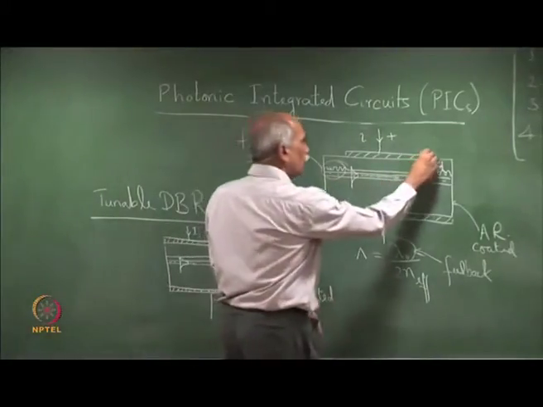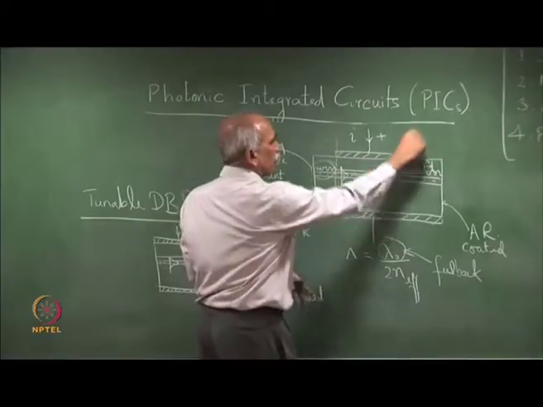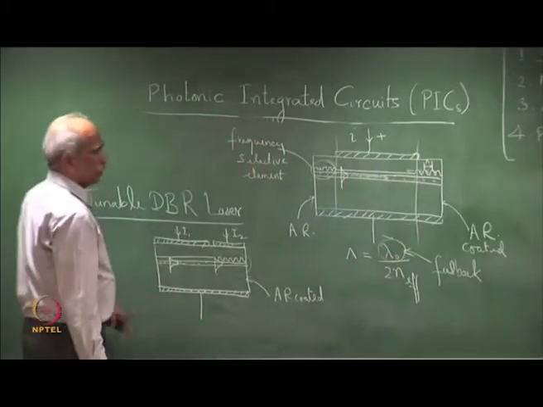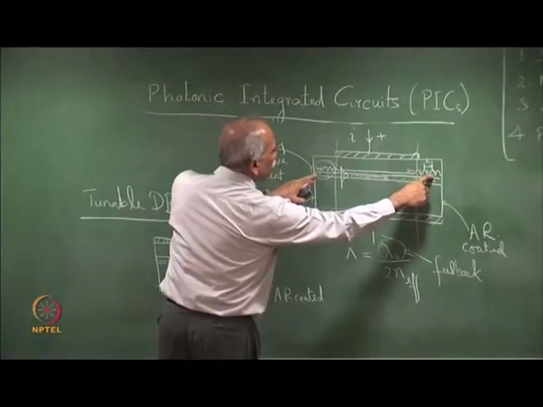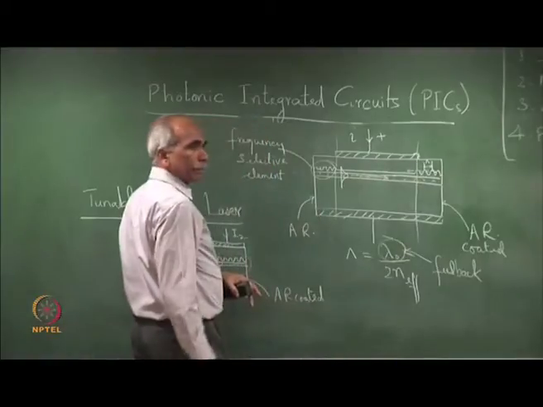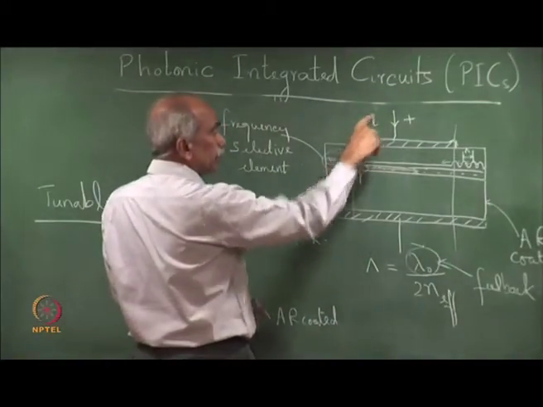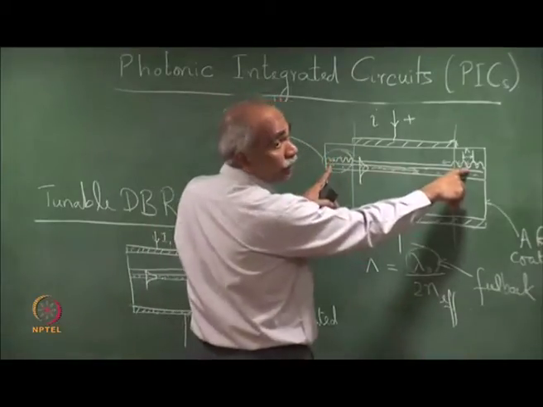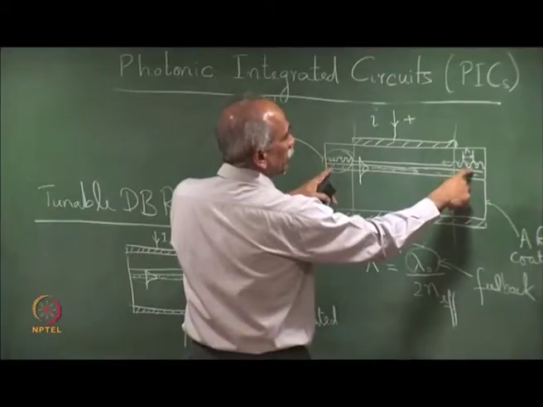Current was flowing only through the active region, that is, gain is provided only here. There is no current flowing here, and therefore, the frequency selection is done by these gratings. Even if you vary the current here, the frequencies do not change, because frequency selection takes place in this region by these gratings.